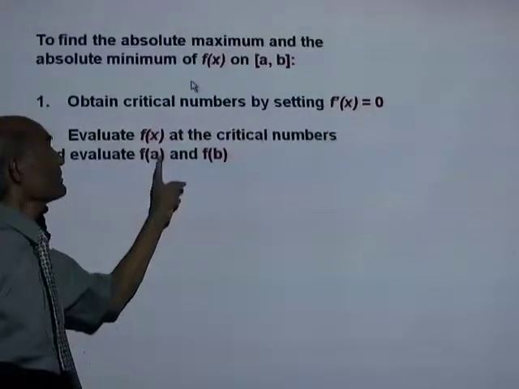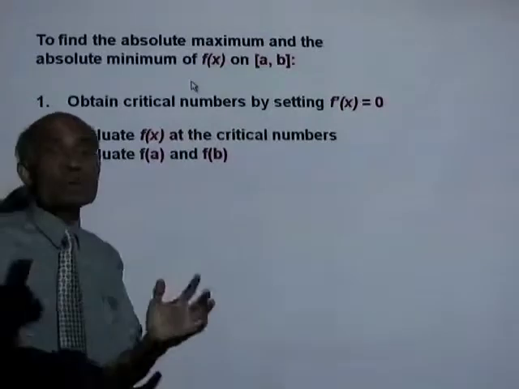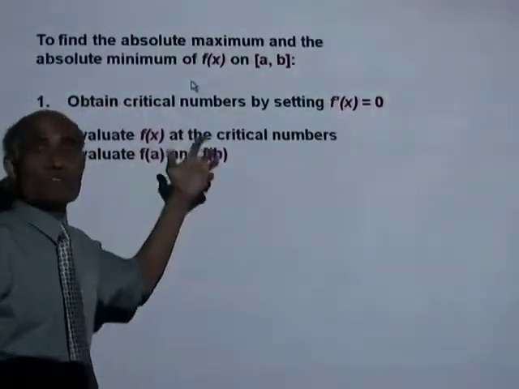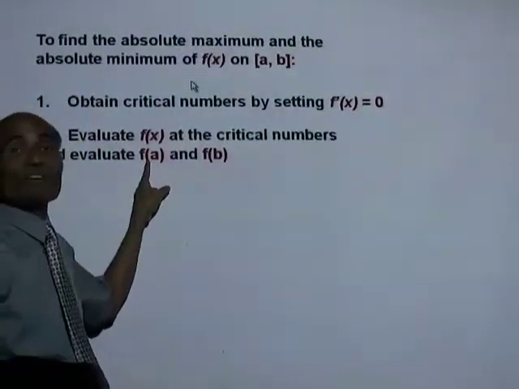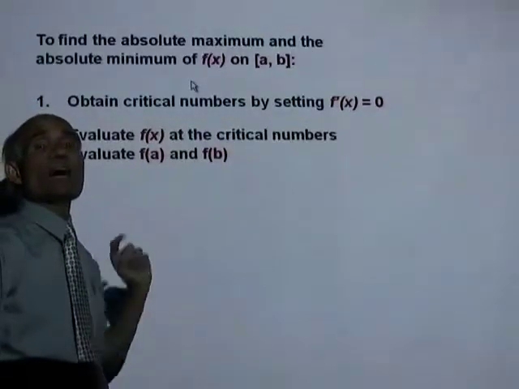Endpoints are f of a and f of b. That means you have several values of the function: the function values evaluated at the critical numbers and also evaluated at the endpoints of the interval, f of a and f of b.